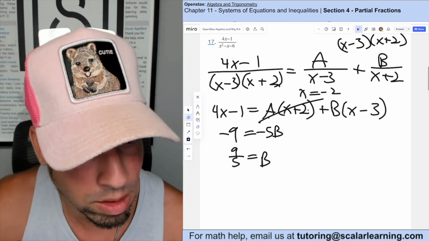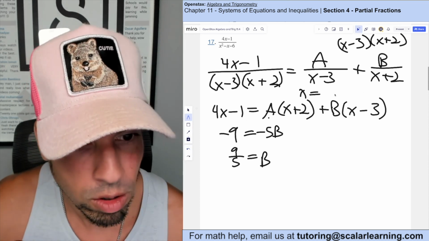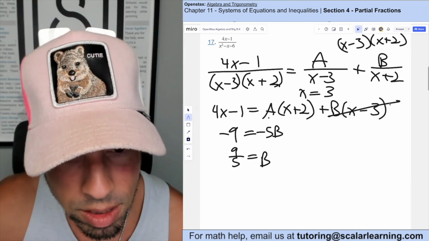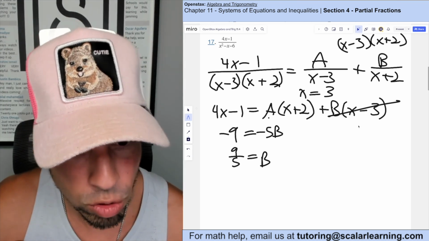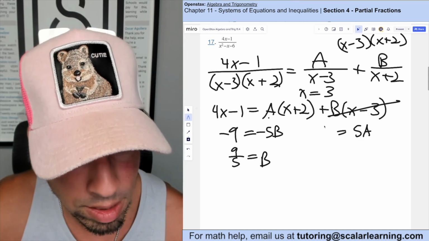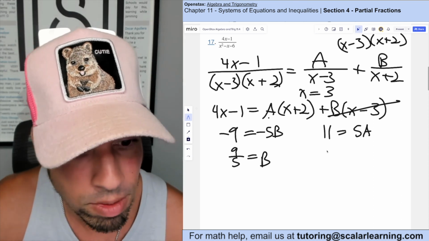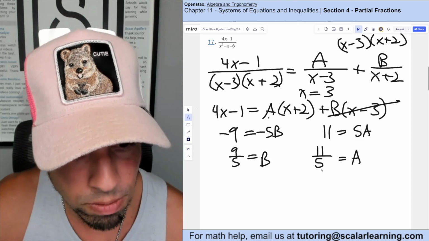Now we're going to go back to this equation. And now instead of plugging in negative 2, I'm going to plug in positive 3. Okay, why? Because it's going to zero out this guy, and that's going to allow us to solve nicely for a. So 3 plus 2 is 5a is equal to 3 times 4 is 12 minus 1 is 11. Divide both sides by 5. And we get a is equal to 11 over 5, all right?